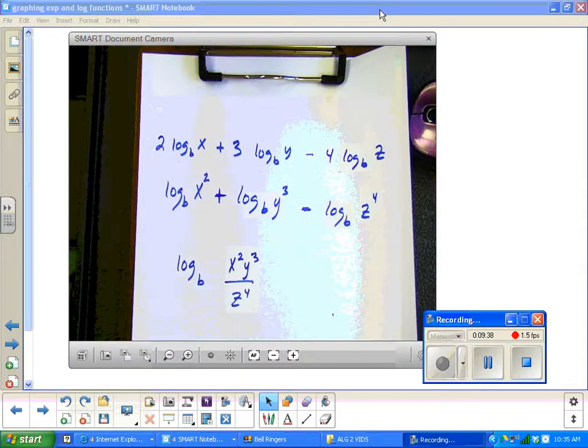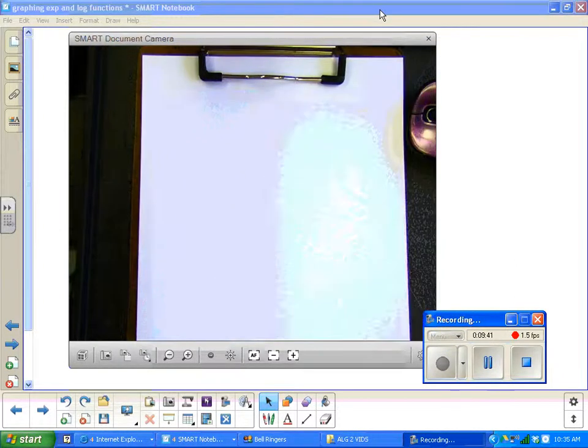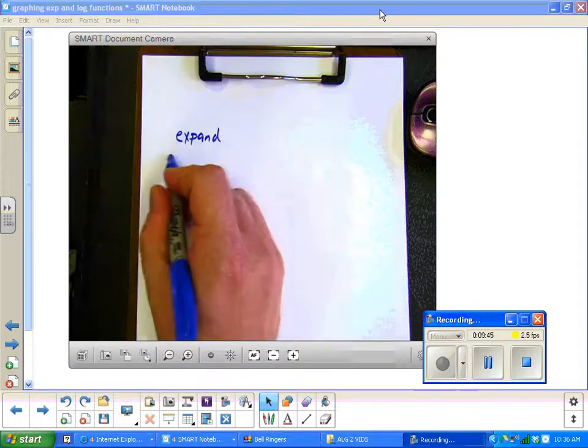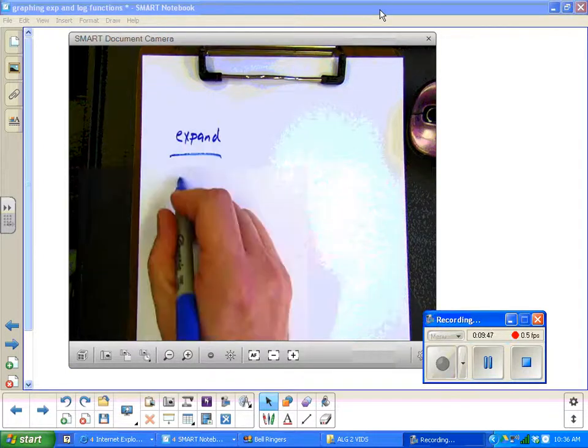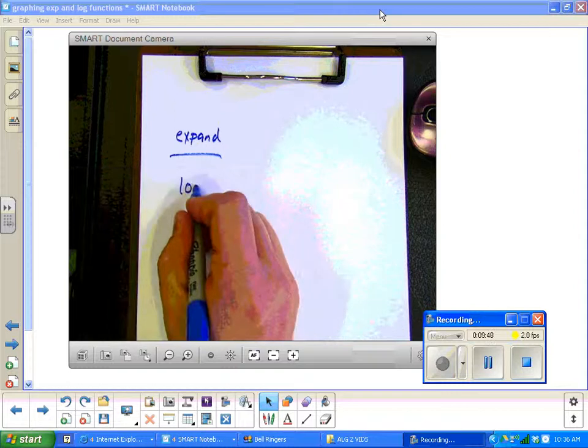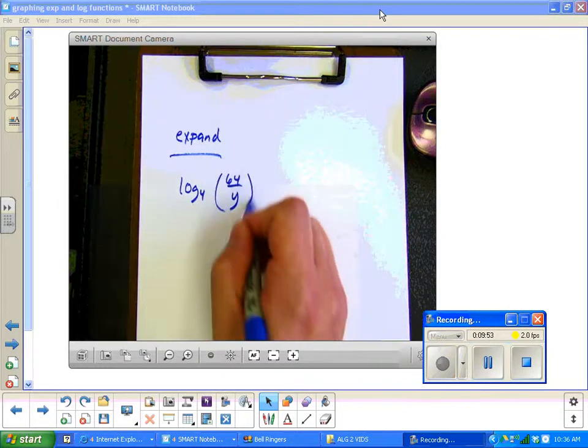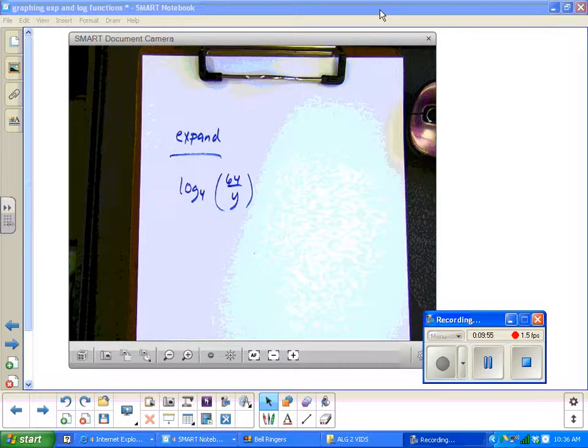All right, let's look at some here that we would expand. And the same rule applies here: if we can evaluate a logarithm, we want to evaluate it. So let's do log base 4 of 64 over y. Okay, let's try this one and expand.